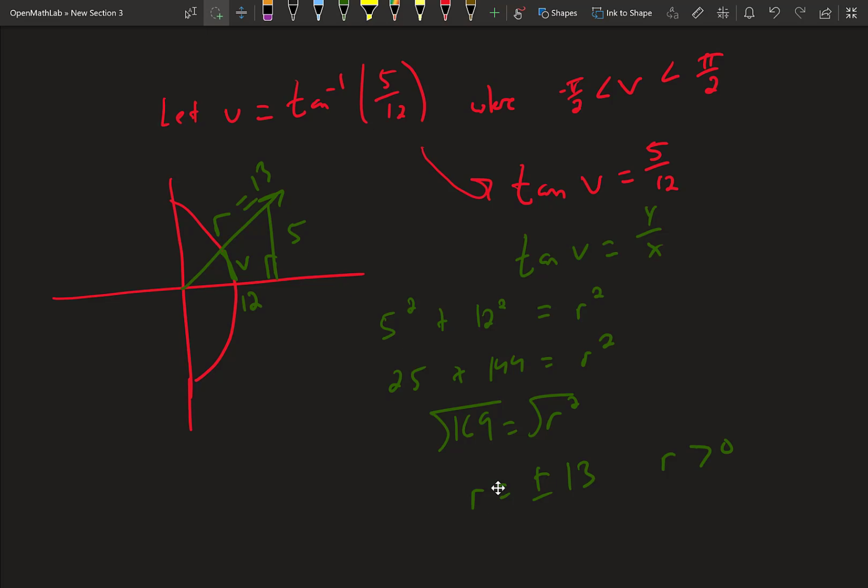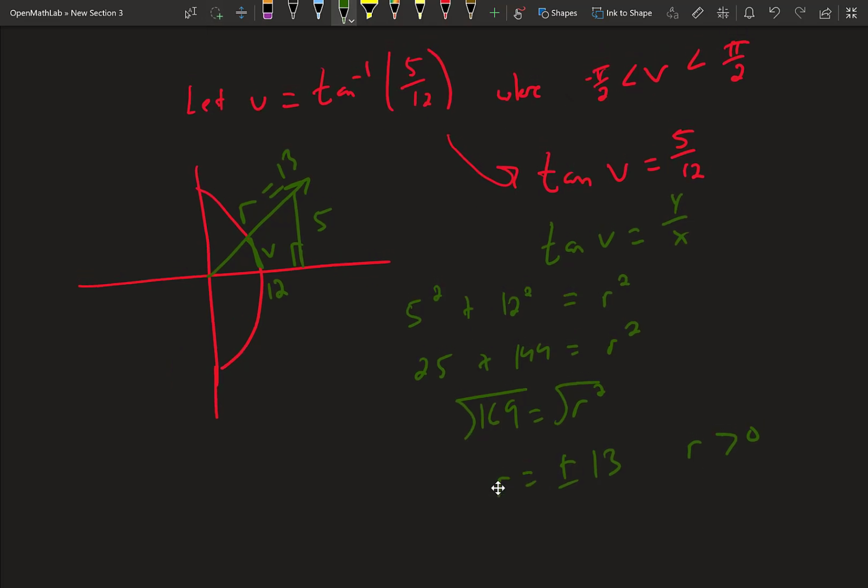So what we want is sine of v and cosine of v. So sine of v is equal to y over r, and cosine of v is x over r. So just filling these in, this would be 5/13 for sine, and cosine would be 12 over 13.